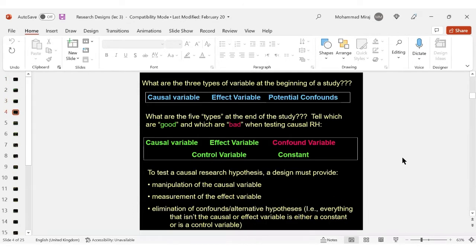Okay. Now see, what we are discussing is the different types of variables. I told you there are two types of variable, dependent variable and independent variable. If you summarize, the dependent variable is basically your outcome measures, right?